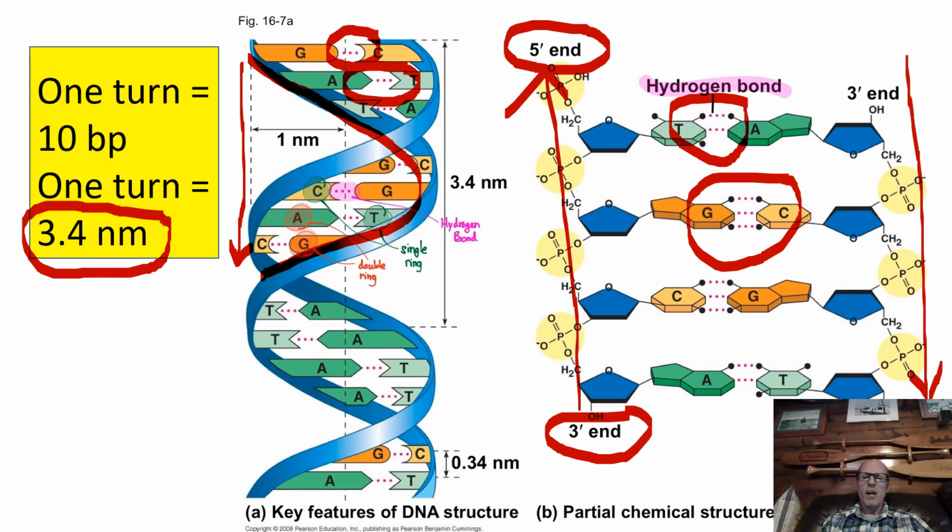This may not mean a lot to you right now, but it turns out that the anti-parallel nature of DNA, the fact that it runs 5' to 3' in one direction, and 5' to 3' in the opposite direction, is what explains its ability to replicate itself.